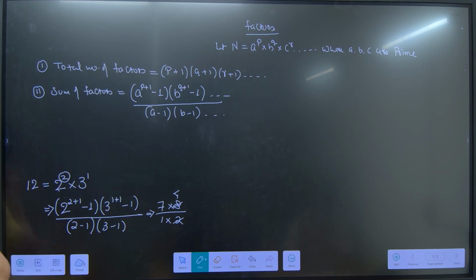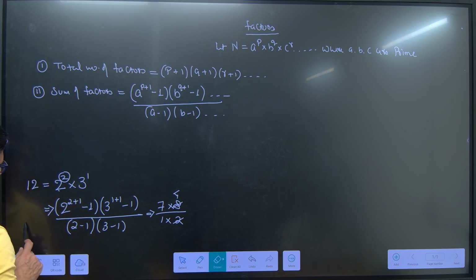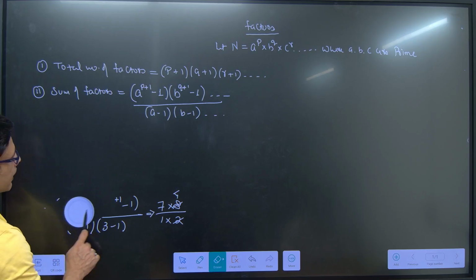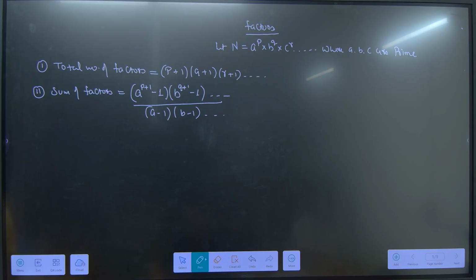So you can find the sum of factors. Find the sum of all factors. The AP GP method is what applies there.